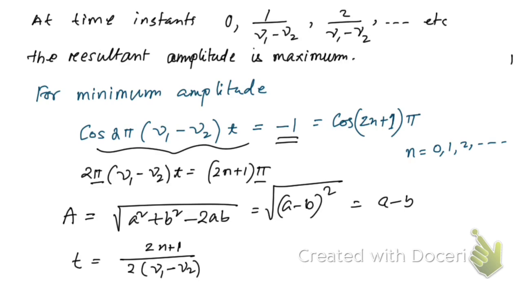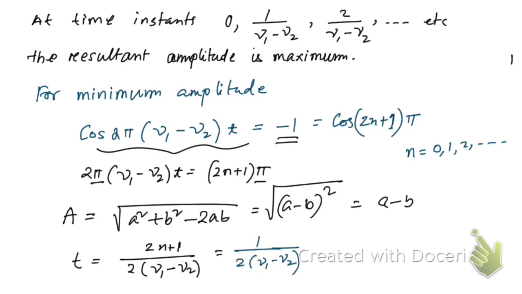If you put n is equal to 0, 1, 2, and so on, then on putting 0, this term will be 0, 0 plus 1 is 1, so you get 1 by 2 (nu1 minus nu2).